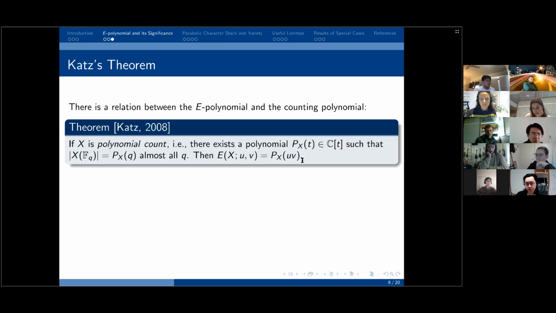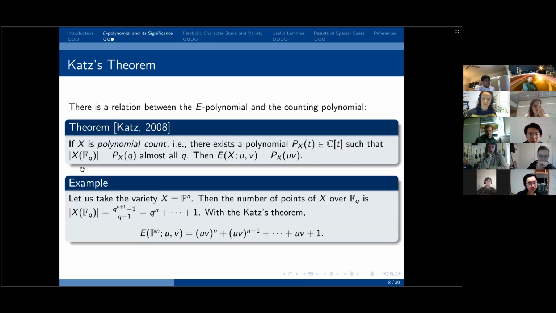So the problem of computing the E-polynomial is changed to finding the number of points of X over a finite field. As an example, we can take the same variety P^n, and you can easily check that the number of points of X over the finite field is q^n plus 1.